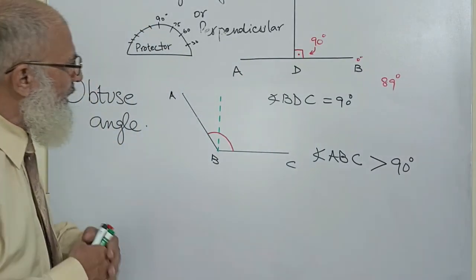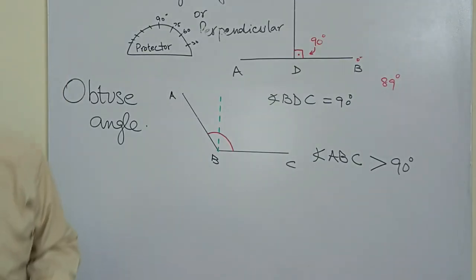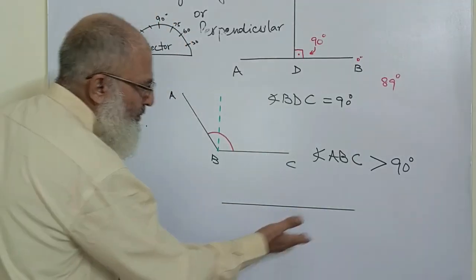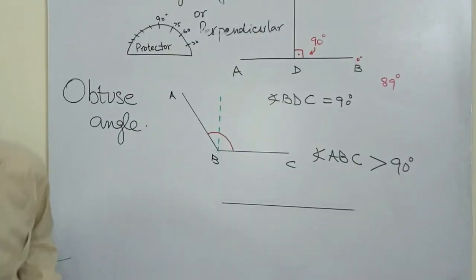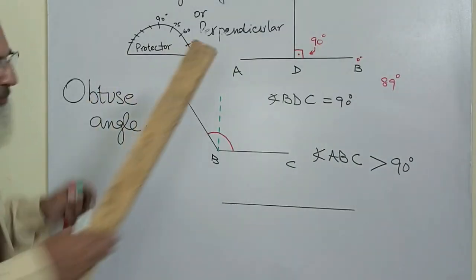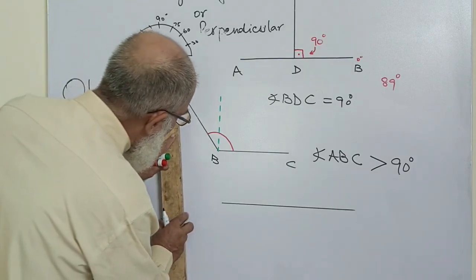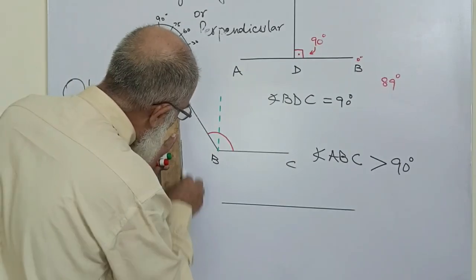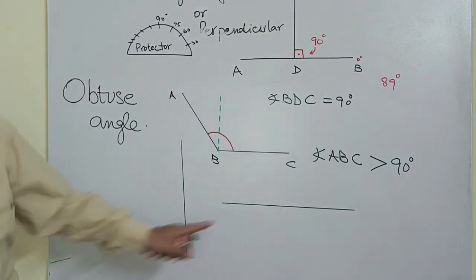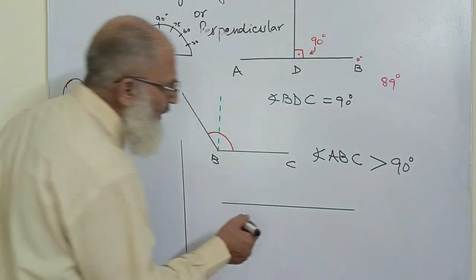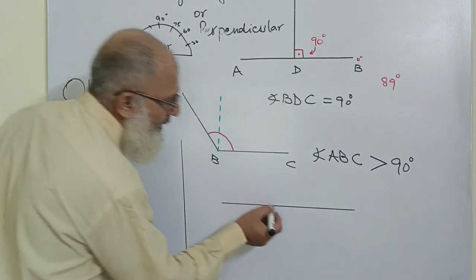What is a straight angle now? Straight angle may be in horizontal form or it may be in vertical form, no matter how it is. So you see that straight angle. Let me fully elaborate what is this straight angle.